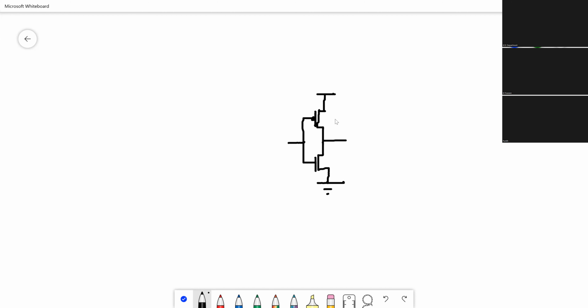So I'll put the sizes 1, 1. This is obviously not the regular inverter. This is a skewed inverter. Can you guess if this is a high skew or a low skew inverter based on the rule that we said? What we said is whichever is the critical transition, you leave that transistor size untouched. The non-critical transition, you make that half the normal size.